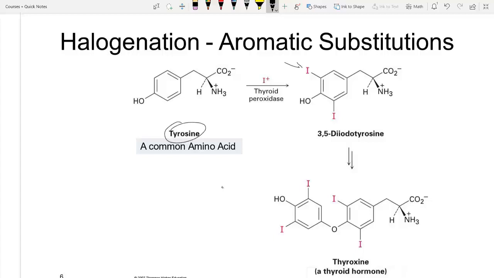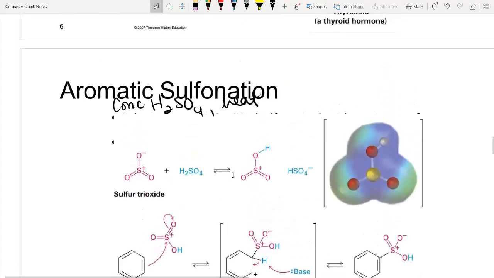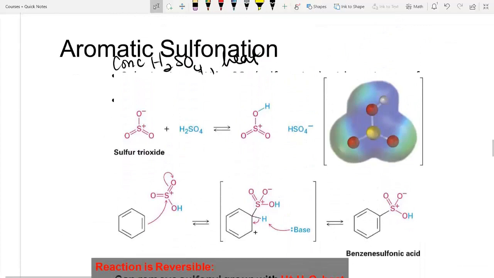Now notice where the iodides are. We're going to come back to this because where they are is very crucial. This EAS mechanism happens in your body and specifically puts those iodides there, because of where all the other groups are. We'll talk about that. In the next video, we'll continue on with the other electrophile mechanisms.